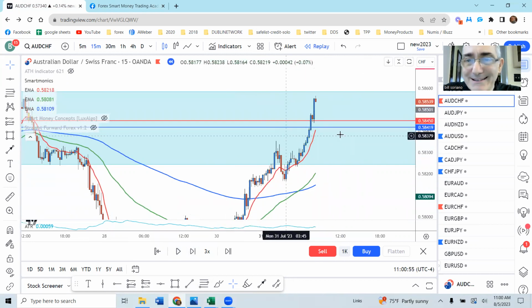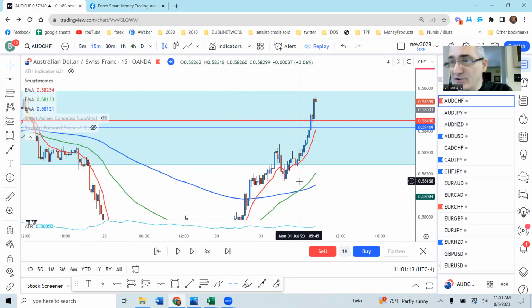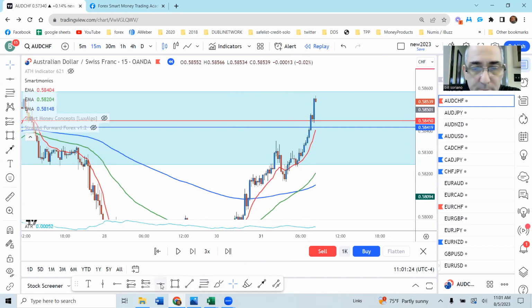At the time of our point of interest getting hit, we need a break of structure to get our change of character, which is our 15-minute entry model. We look for a change of character, and then once we get that, we look for an order block to set our limit order to take our trade. That would be right down here at these lows.